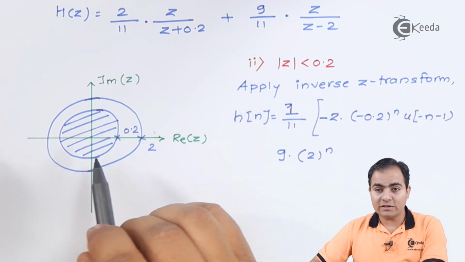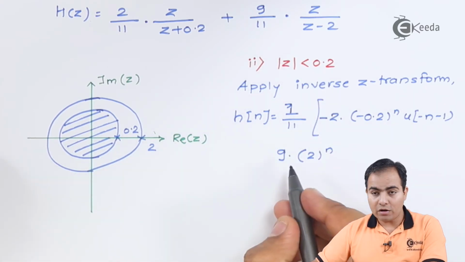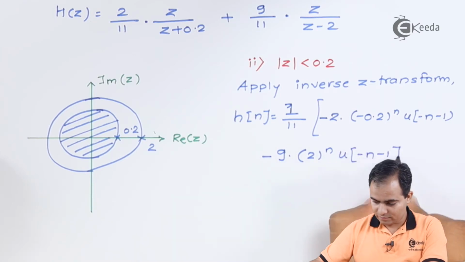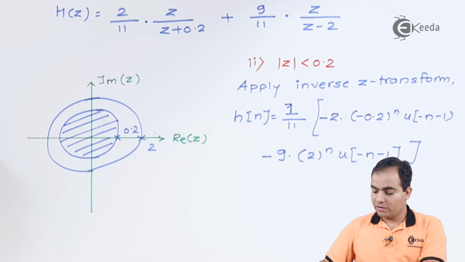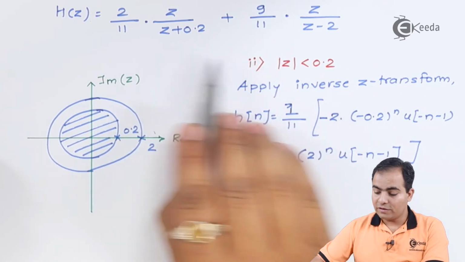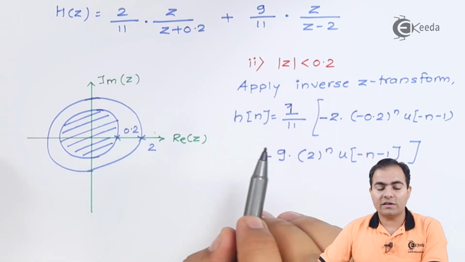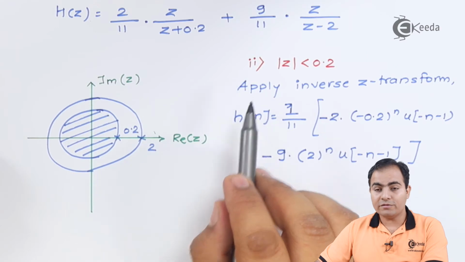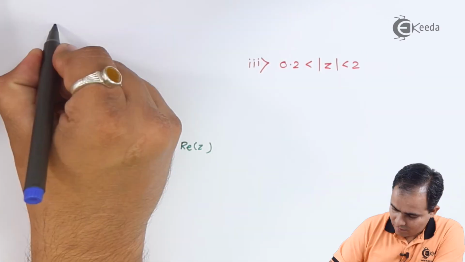As this ROC is non-causal or anti-causal, we will always write minus u(-n-1). So this is the response, or inverse, of this function when the ROC is non-causal or anti-causal. Now we will calculate the ROC for the next one, that is, a two-sided.